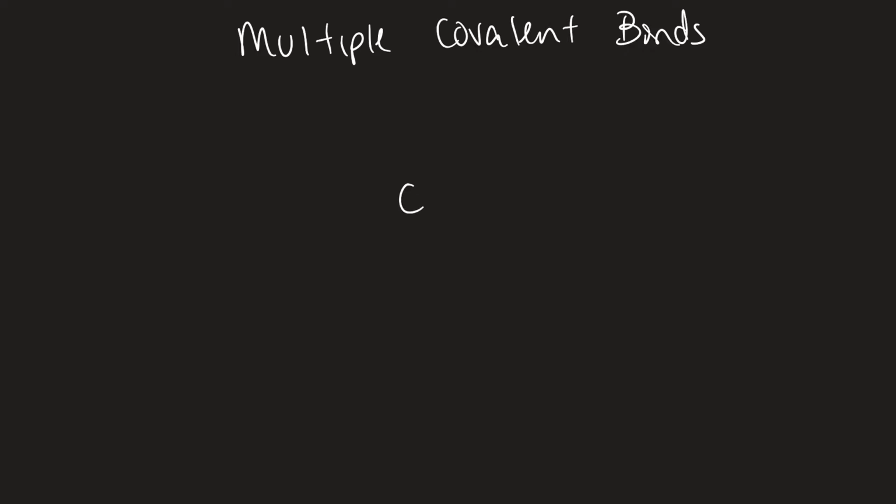So let's just say we have two oxygen atoms and one carbon atom. If you were to note down their valence electrons, carbon has 4 valence electrons, and oxygen has 6 valence electrons. They're going to share, and typically they share a set.